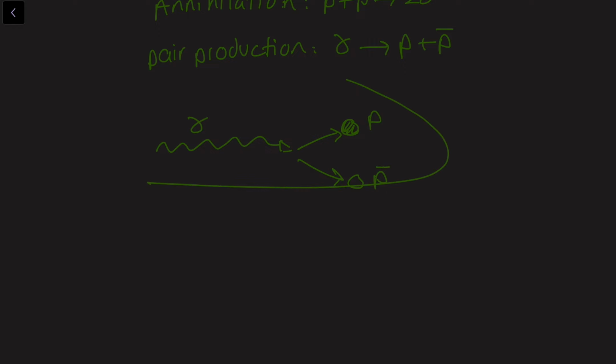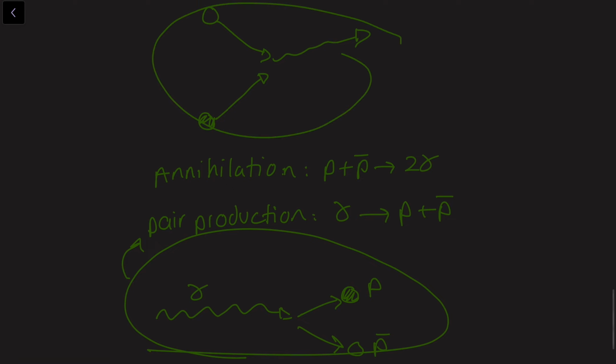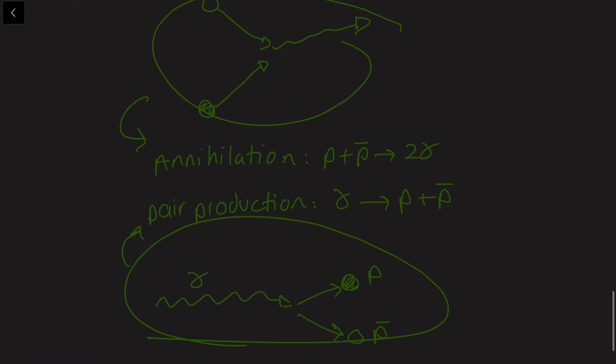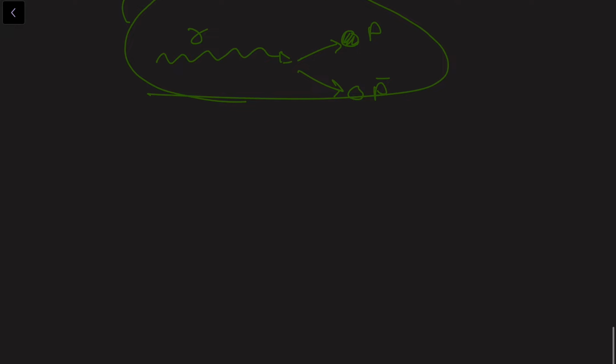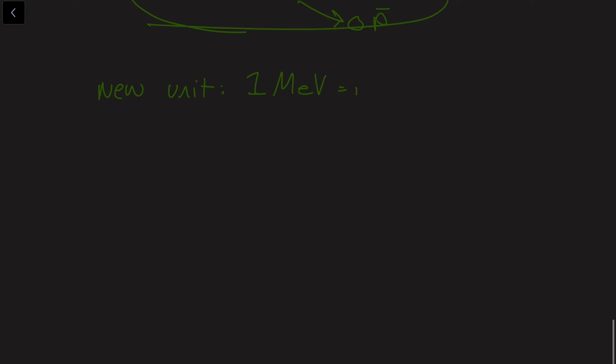So this one is pair production, and this one is annihilation. Very important just to know the difference, okay? And we're going to introduce you to a new unit for this. It's called 1 mega electron volt, which equals 1.6 times 10 to the power of minus 13 joules. So just remember this unit.